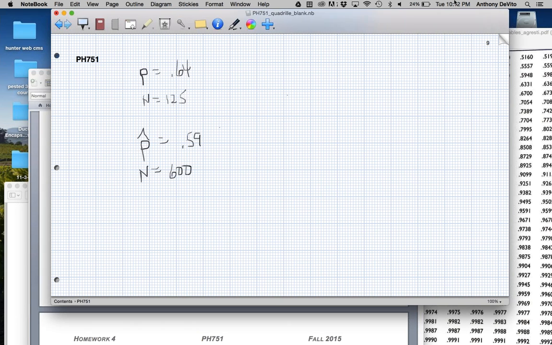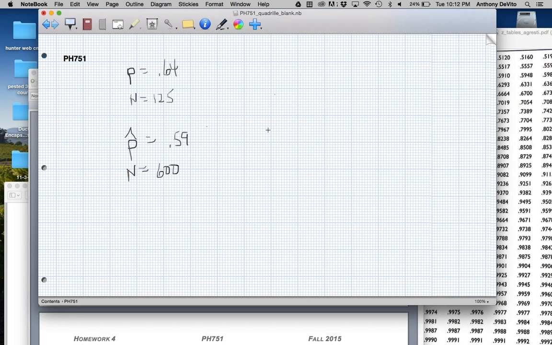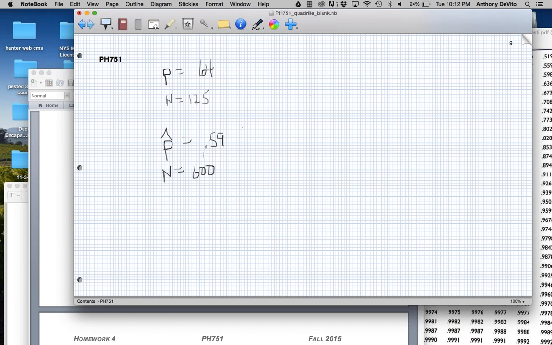If we had no knowledge of it, and we found that 70% of our sample of 125 people was obese, then I could only use that 0.70, because I wouldn't know the true population proportion. The true population proportion is 64%.